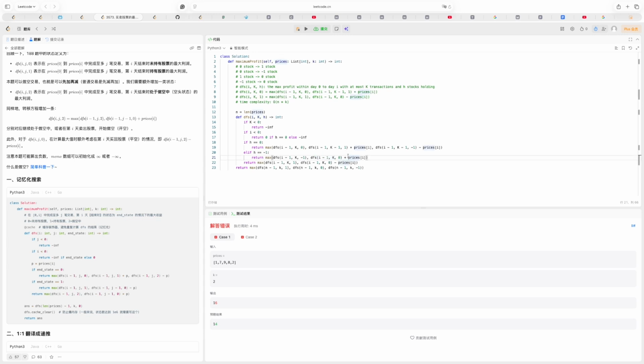Oh, yeah, I'm not sure why it is wrong. Is that the transaction? But I think only when you sell or buy back, that means you finish one transaction.